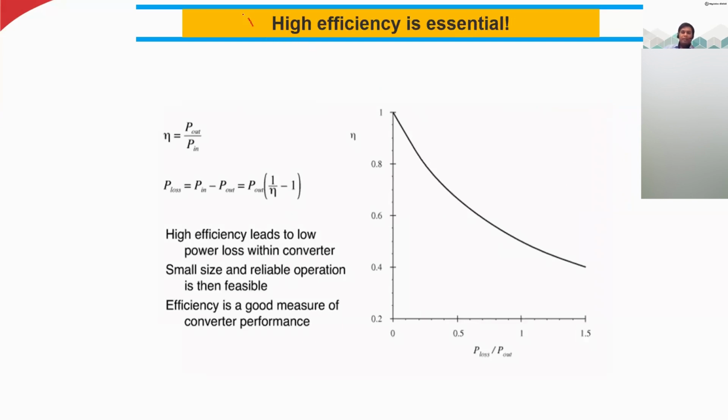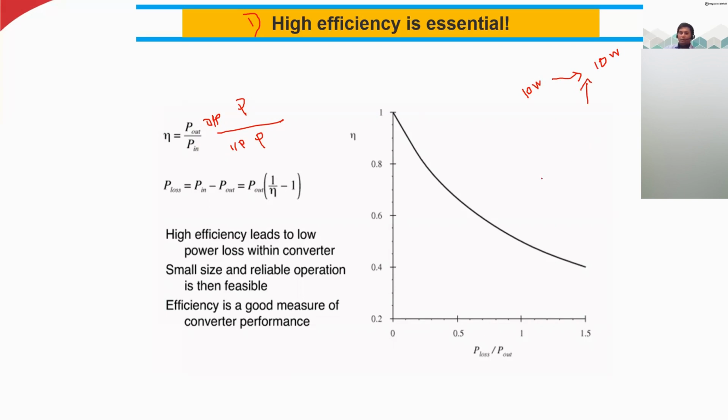Remember, high efficiency is important whenever we use power electronic devices. The efficiency formula is eta equals P out divided by P in, that is, output power divided by input power. So if I give 10 watts of power at the input and I receive 10 watts at the output, then what is the efficiency?